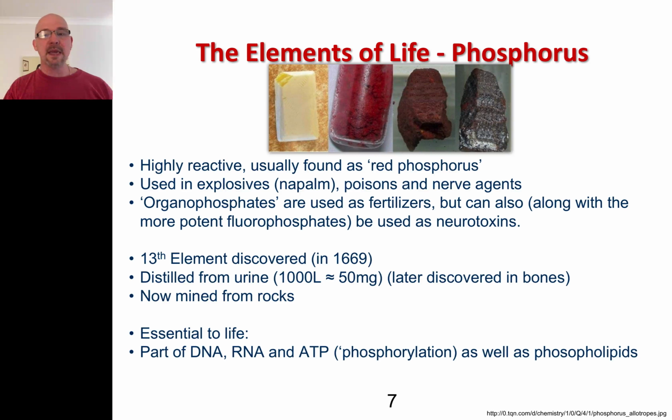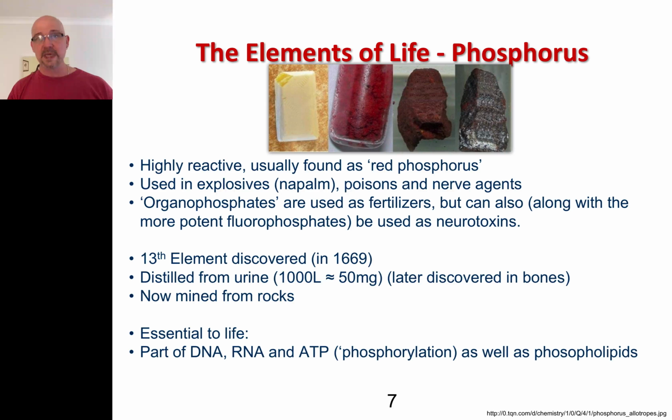But we need to have phosphorus inside of us because it's an important part of our DNA, which is the structure that makes up our life, and RNA, which helps create proteins, and adenosine triphosphate, which is the basic battery that we operate our body on.